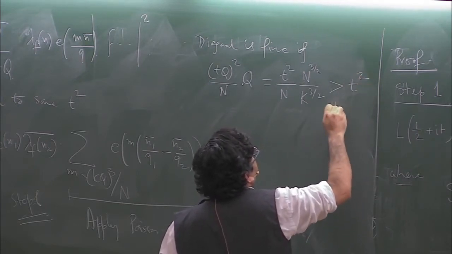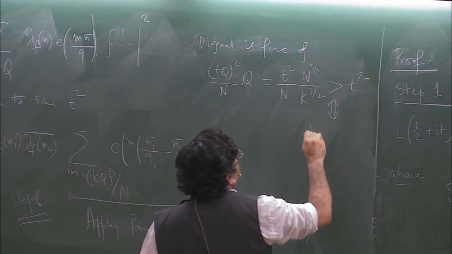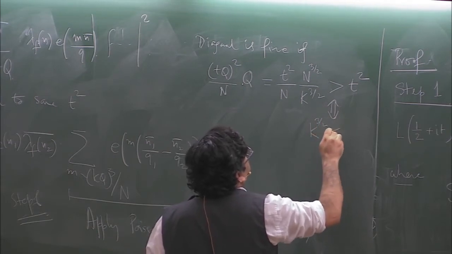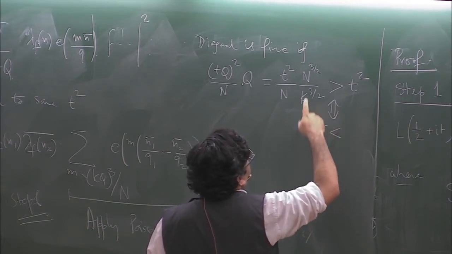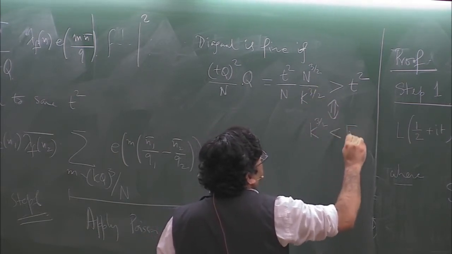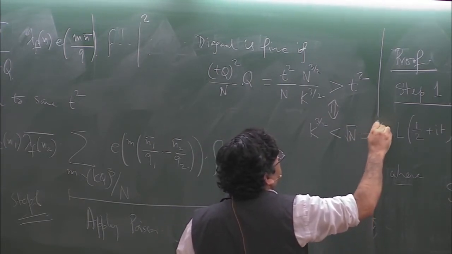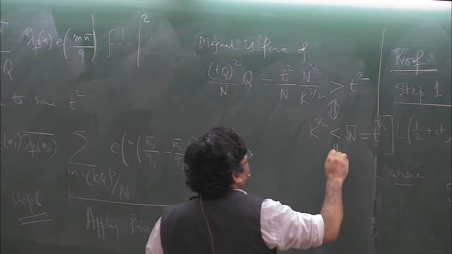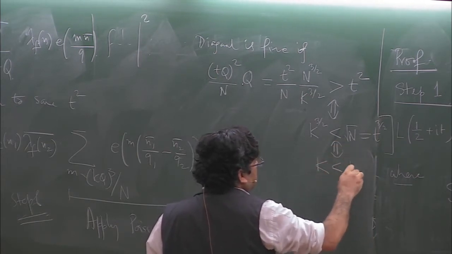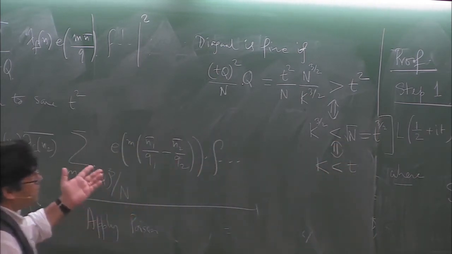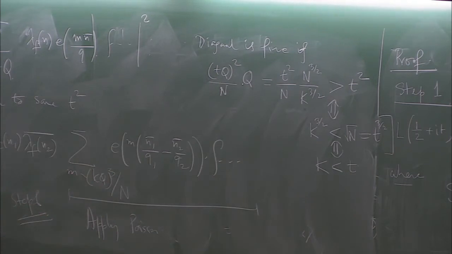And this happens if and only if k to the power 3 by 2 is smaller than square root of n. So n was like t to the power 3, so it's like t to the power 3 by 2. So you need k to be less than t. Okay, so the diagonal contribution will be fine if you get k less than t.